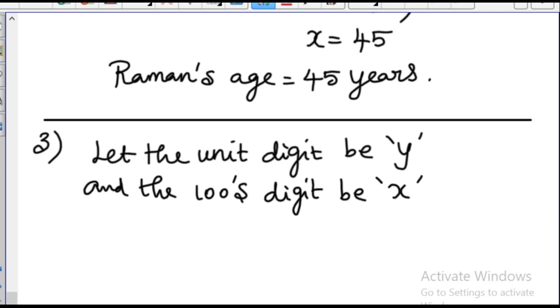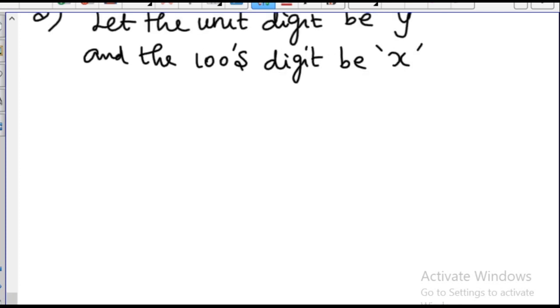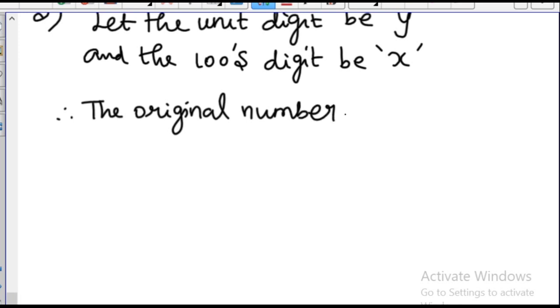What is the middle digit? They have said 0. Therefore the original number is in the form: unit digit y, hundreds place x, so x 0 y.